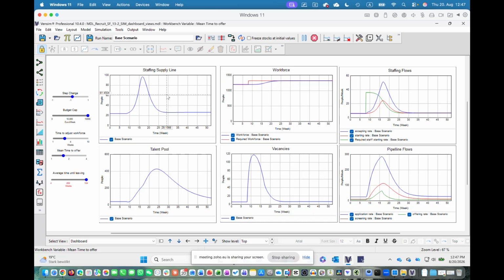So think about the recruitment chain as a supply chain. And we do have some people in the pipeline here. So you see the maximum occurs at around week 16, where we have a lot of people who we have hired already, but they're not yet available. They will flow into the workforce over time as they would be onboarded and start their work as active employees.